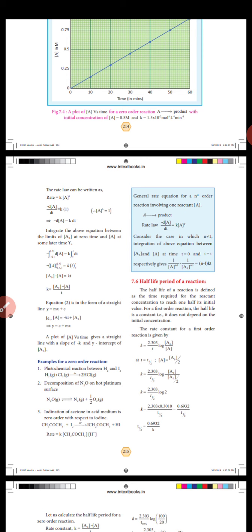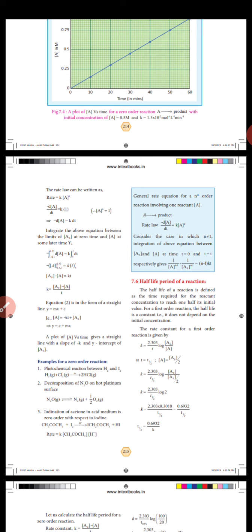Now integrate the above equation between the limits: A naught to A, where A naught is the reactant concentration at time 0 and A is the concentration at some later time t.